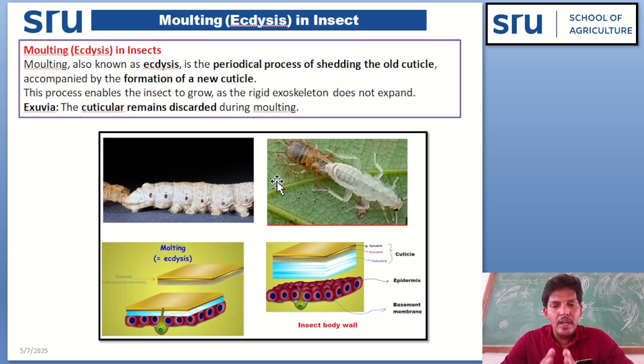The periodical process of shedding the old cuticle, accompanied by the formation of the new cuticle by the insect, is known as molting. This molting process enables the insect to grow. Why? Because the rigid exoskeleton does not expand or allow the insect to grow. The cuticular remains which are discarded during molting are known as exuvia.